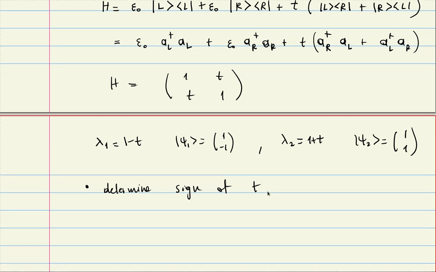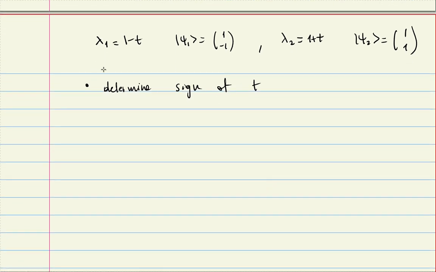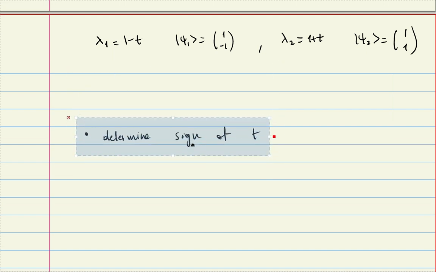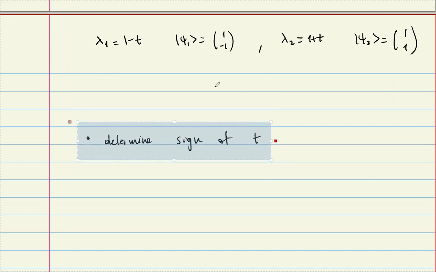Also, before determining the sign of t, let me show you that these are states, but in real space what this says is that there are these two minima.